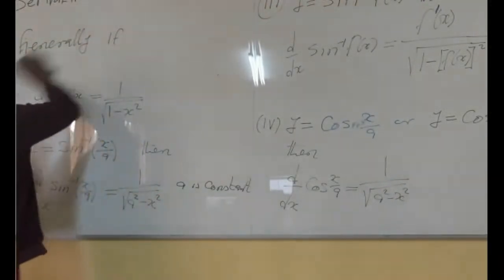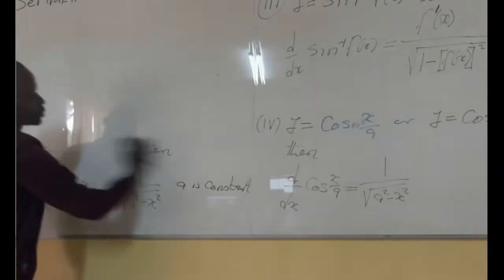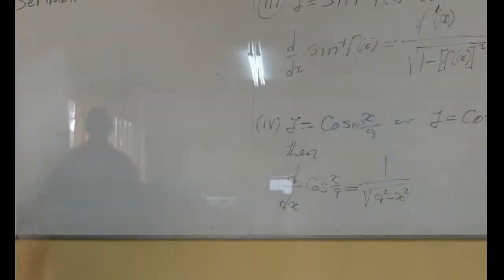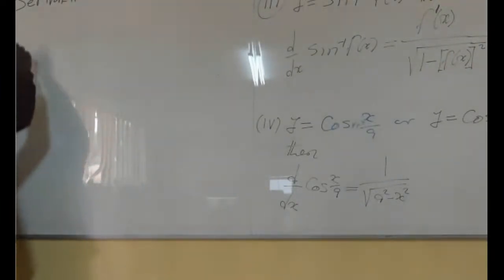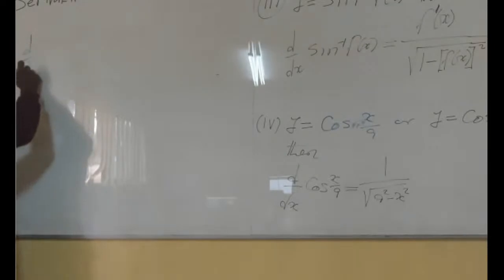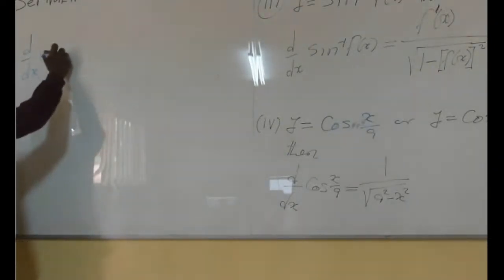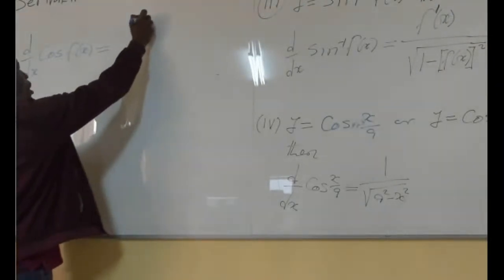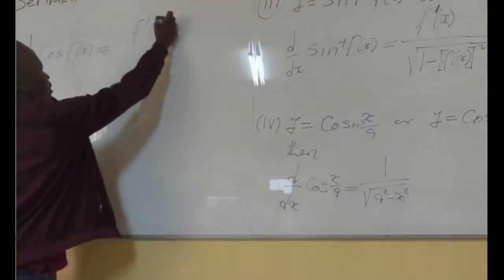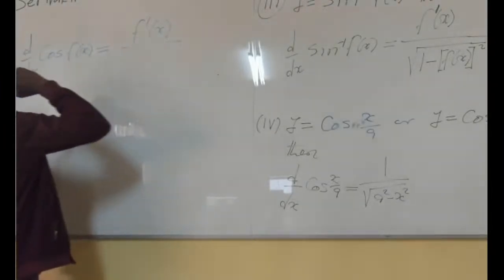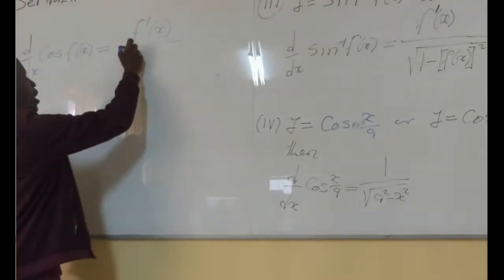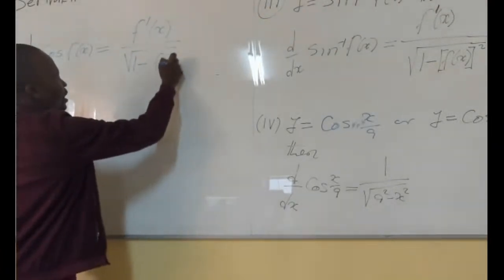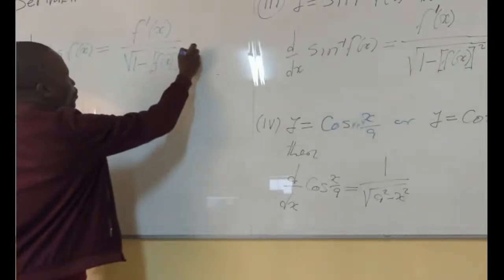And also, the derivative with respect to x of the cosine inverse of f of x is equal to the derivative of f of x divided by the square root of 1 minus f of x squared.